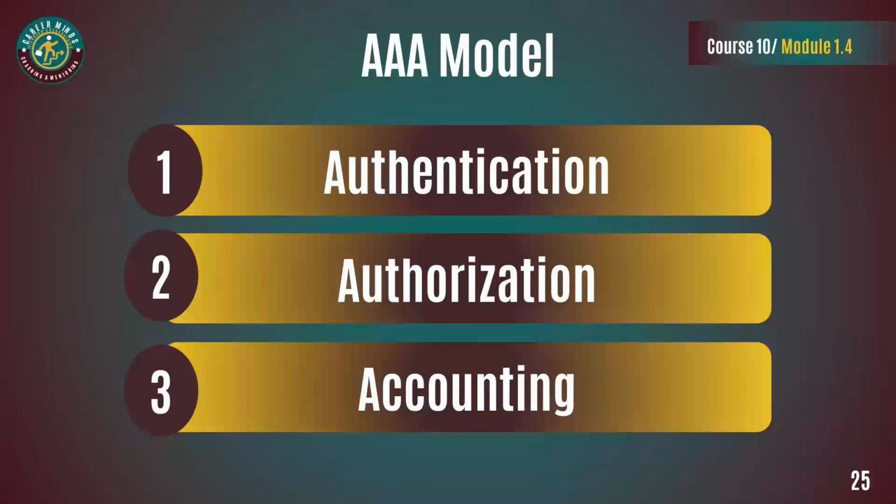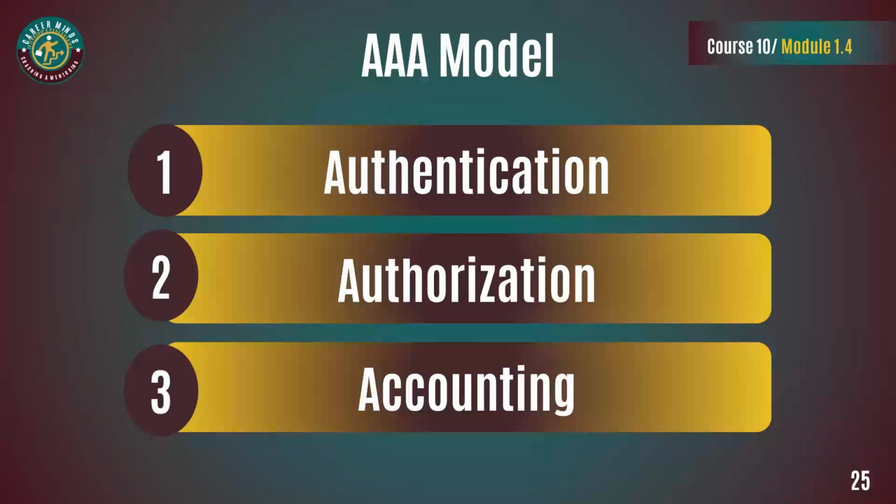Authentication is the first one. In this case, this is the digital version of who are you. This is where you prove your identity using credentials like passwords, biometrics like fingerprints or face recognition, or smart cards or tokens. Think of logging into your phone using your Face ID. It verifies you before allowing access, right?